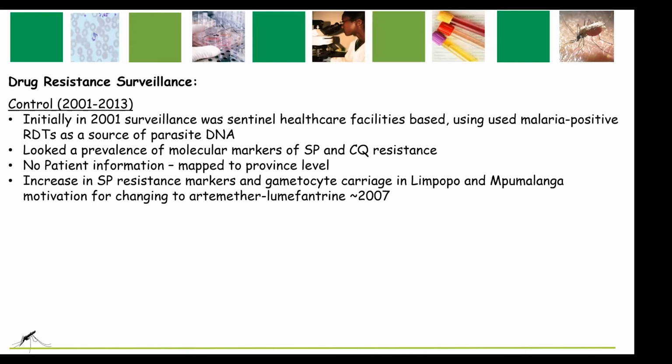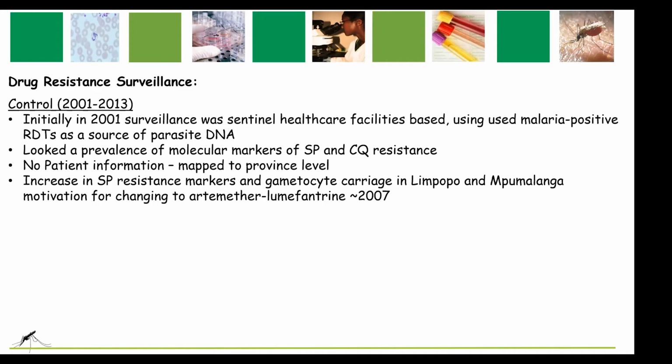It didn't have any patient information, but we could map it down to province, so we could know what resistance markers were present in the provinces. This also allowed us to provide data to encourage both Mpumalanga and Limpopo to change to artemisinin-based combinations by 2007, based on an increase in resistant markers and gametocyte carriage.